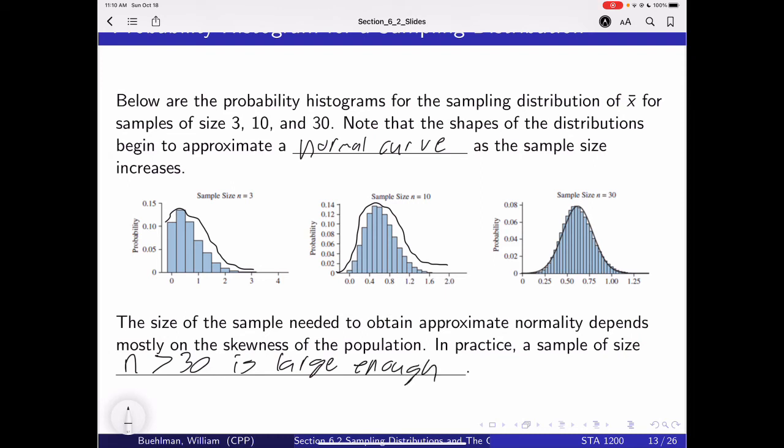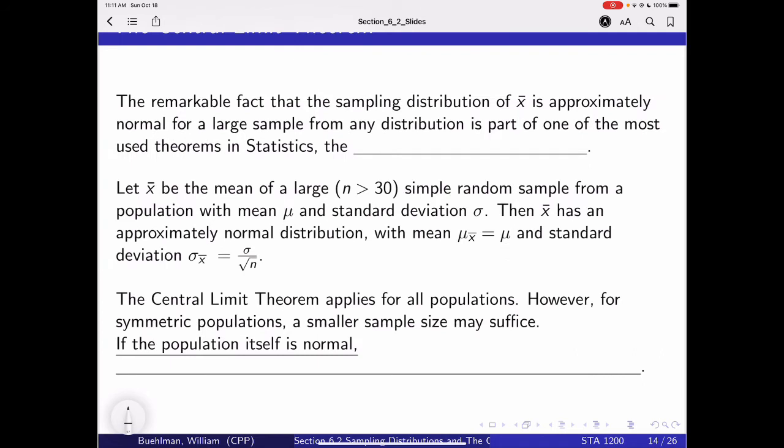So what that's saying is if you have a sample size greater than 30, it should be large enough for the sample mean to be approximately normal. The remarkable fact that the sampling distribution of x bar is approximately normal for a large enough sample from any distribution is part of one of the most used theorems in statistics, called the central limit theorem.